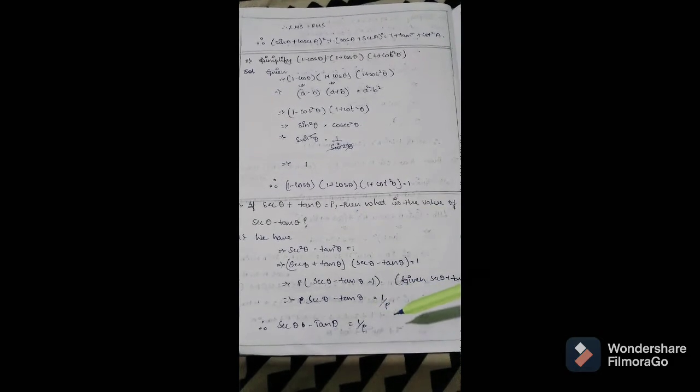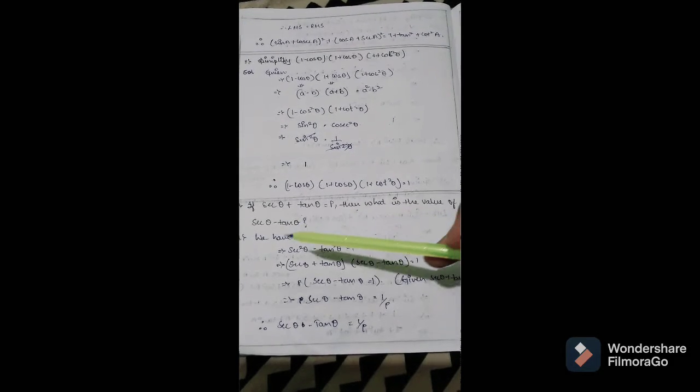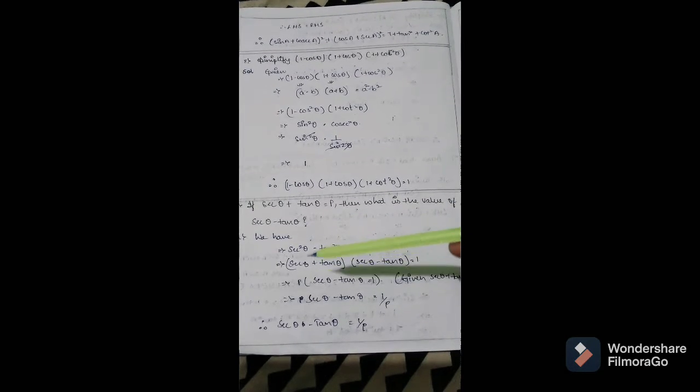So we will get a brief solution of this question. Once again, they have given secant theta plus tan theta is equal to p, and we have to find the value of secant theta minus tan theta. Using the identity secant square theta minus tan square theta is equal to 1, we write secant theta plus tan theta into secant theta minus tan theta is equal to 1.